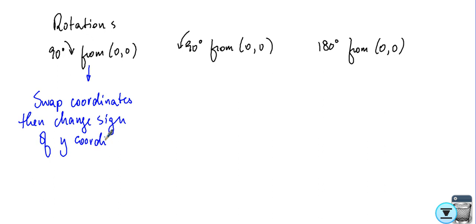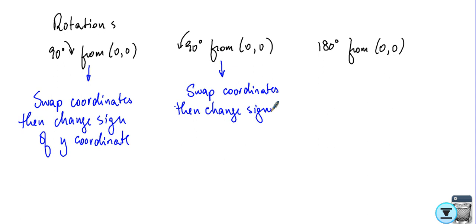An important rule, we're going to use it again today, but in a slightly different manner. 90 degrees anti-clockwise from the origin, we had to swap the coordinates, and then we had to change the sign of the x-coordinate. While rotating 180 degrees from the origin, the rule was just change all signs.